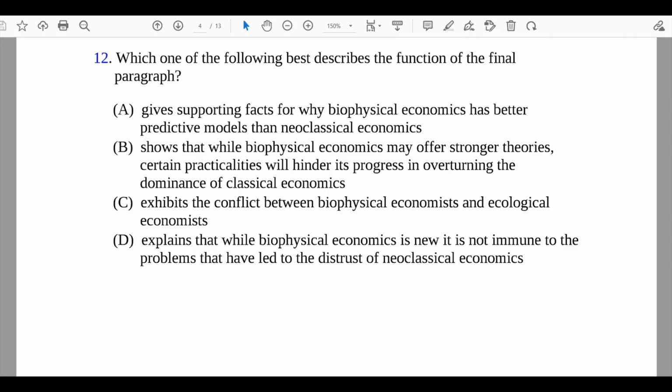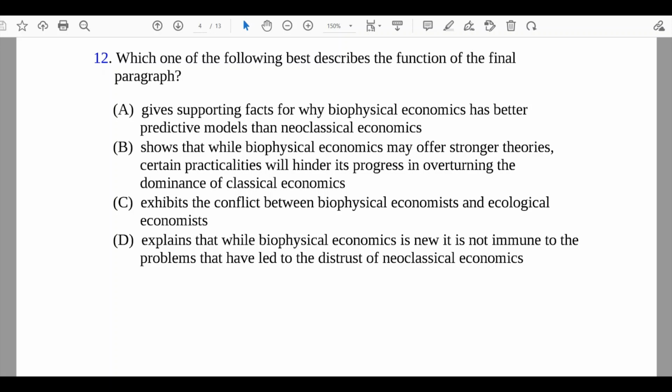Let's analyze options. Let's get started with answer A. Answer A is in many ways the antithesis of what the final paragraph is saying, establishing the superiority of biophysical economics over neoclassical. This doesn't match what you know and cannot be your answer.